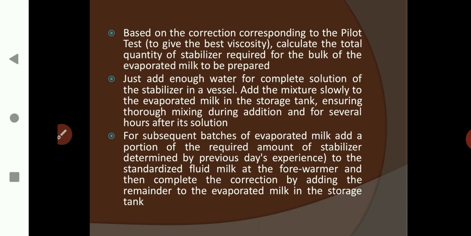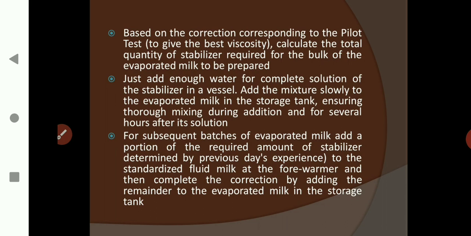For subsequent batches, the amount of stabilizer normally changes with season. When I discuss heat stability, I'll tell you the different factors affecting the heat stability of milk. Season is a very important factor affecting heat stability of milk.